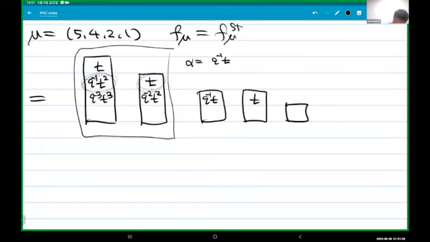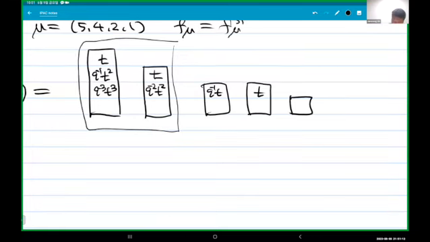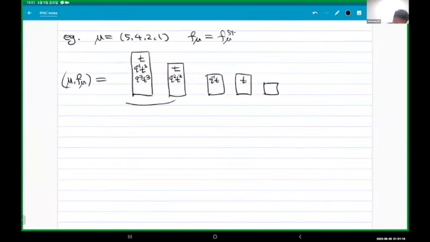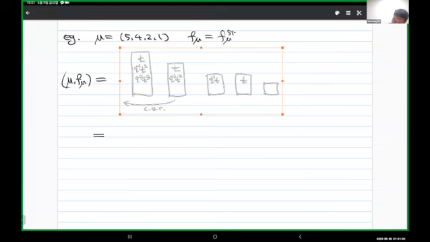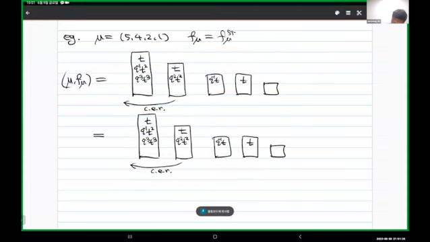And this is A2 and this is alpha times A2. So these two columns satisfy the column exchange rule. So we can apply the column exchange rule to obtain this filled diagram.